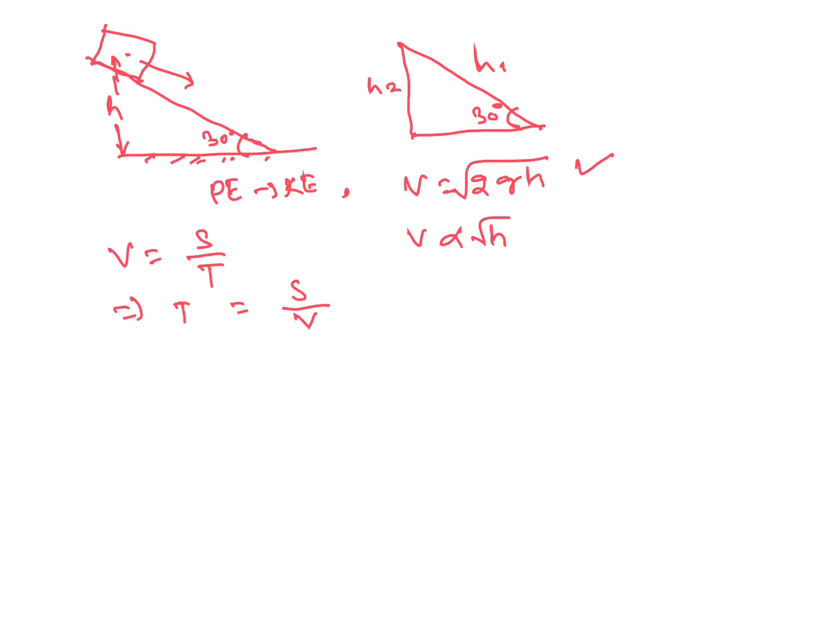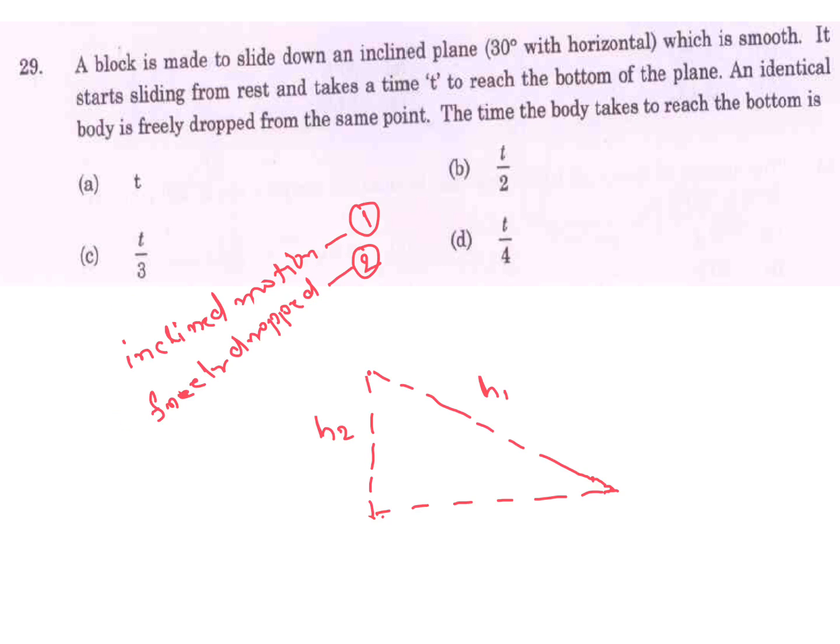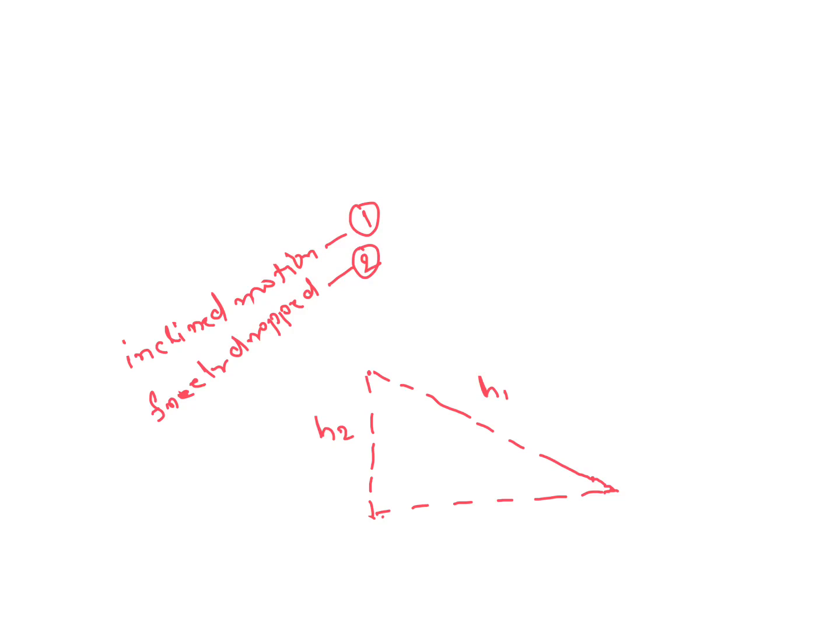And here h1 sin 30 equal to h2, inclined motion to vertical motion. We will calculate t1 by t2. We will take inclined motion as 1 and freely dropped as 2. We have to calculate the t1 by t2 ratio.